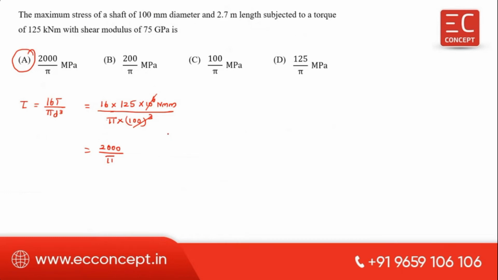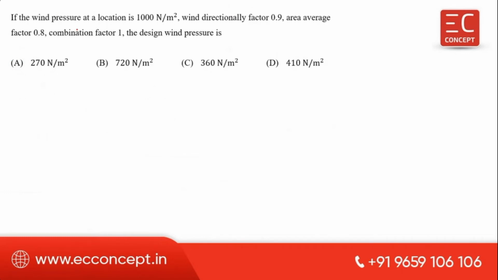Okay. Now the next question. This question also is somewhat not fair. They ask, if the wind pressure at a location, that is a basic wind pressure, is given, with wind directionality coefficient, area average factor, combination factor, then the design wind pressure is. So for this question, the design wind pressure PD, you have to multiply all the coefficients, 0.9 into 0.8.